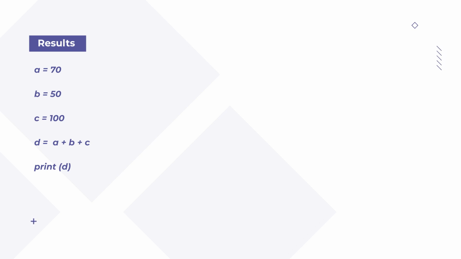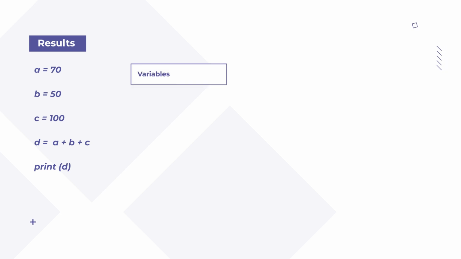So when we run this code, the first instruction is I'm asking it to assign 70 to A. So it will assign 70 to A. Now my friends, here is a very important point which we need to understand. Whenever we ask it to assign 70 to A, it will go to the memory and reserve some space, and store 70 there.